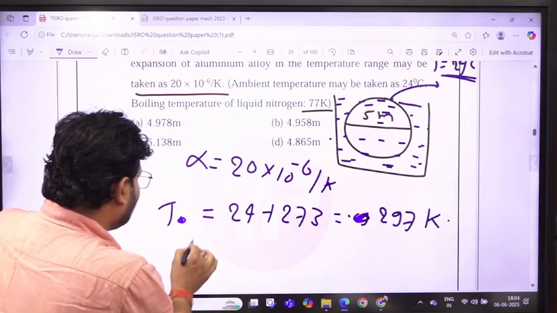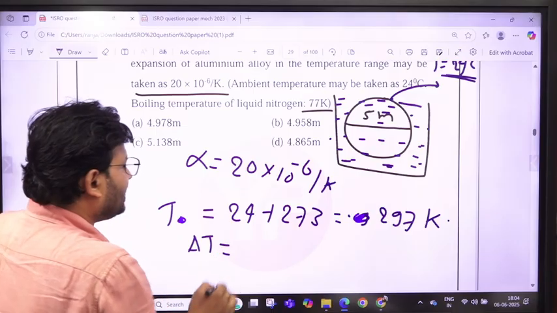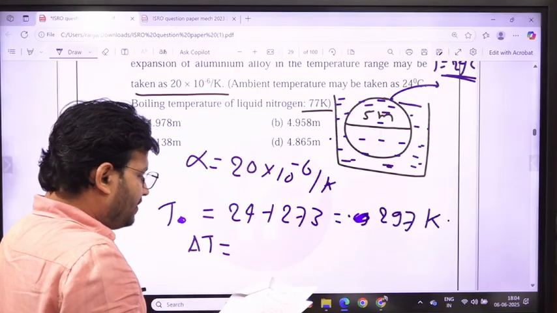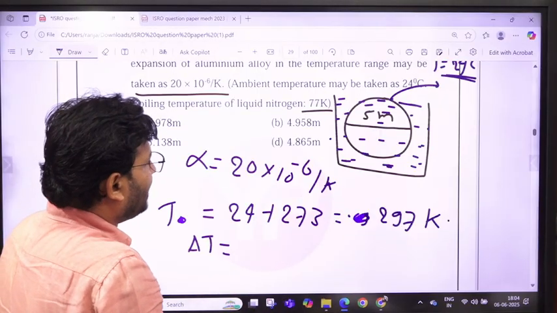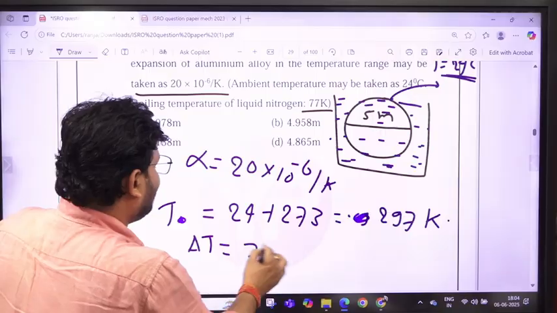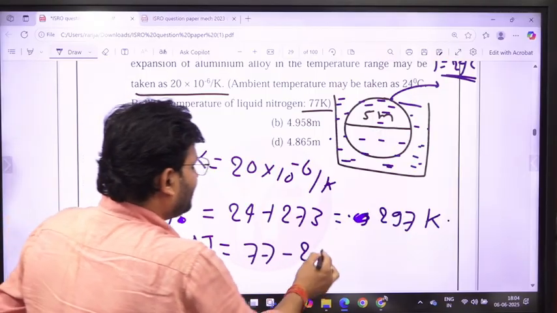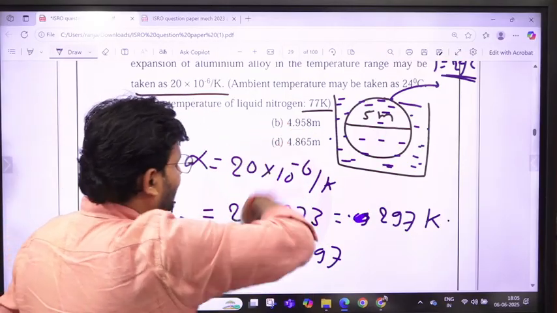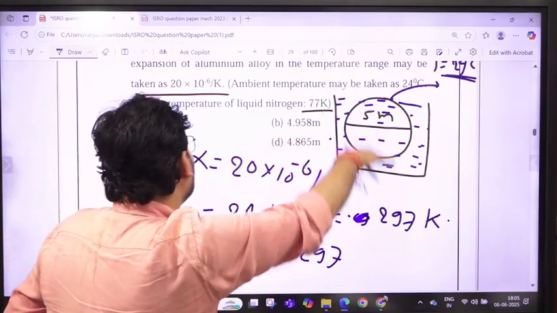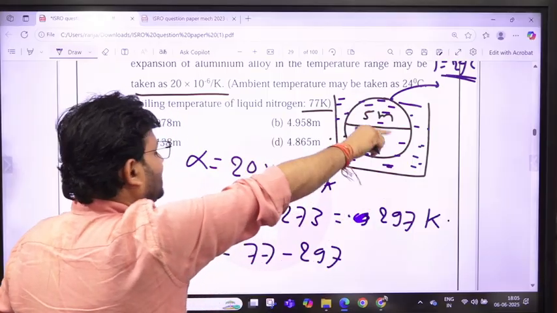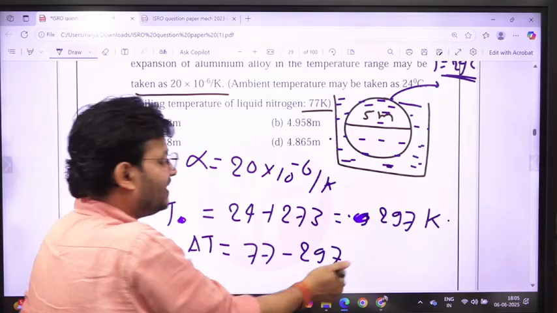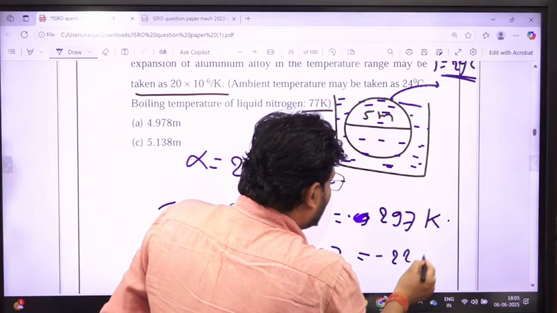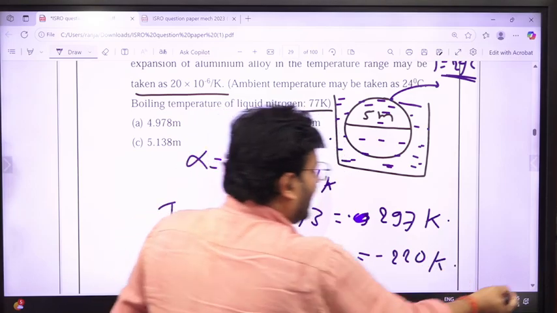The final temperature is the boiling temperature of liquid nitrogen, 77 Kelvin, and the initial was 297. So delta T, final minus initial, is minus 220 Kelvin.